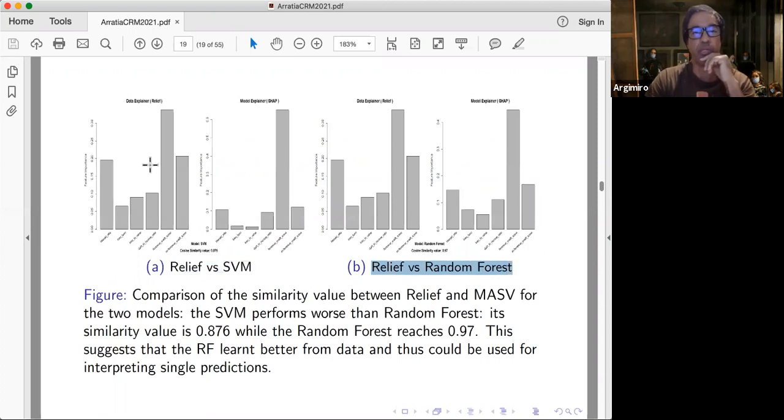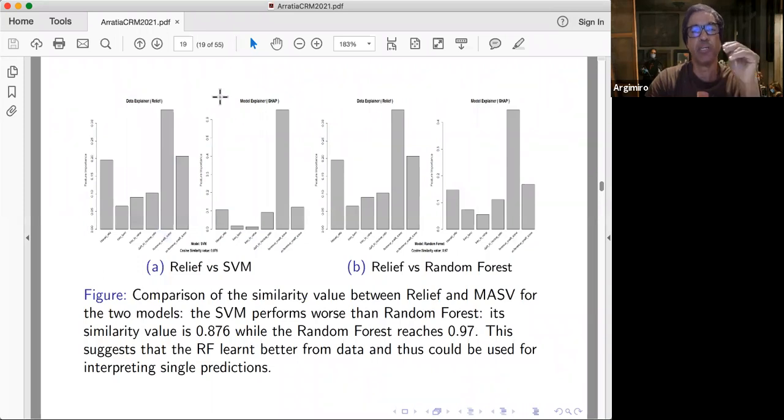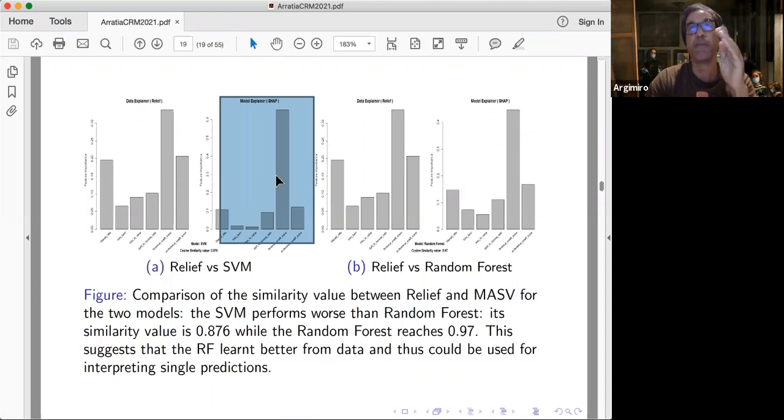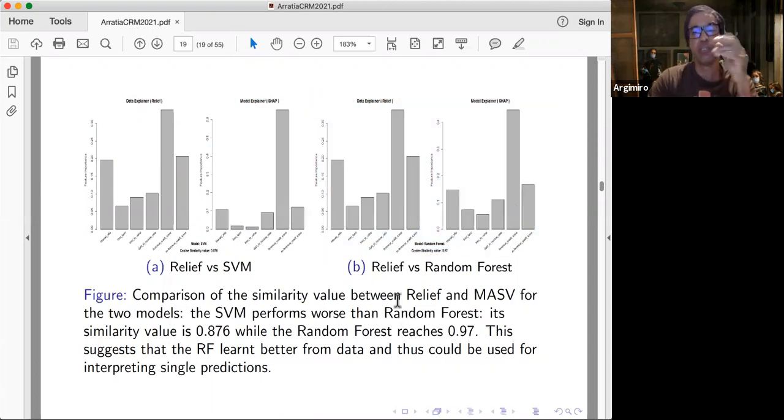On the left side is the relief data explanation, and on the right side, the model explanation based on the mean absolute Shapley value, for the support vector machine. And here for the random forest. You can see pictorially that the similarity is best maintained for the random forest.